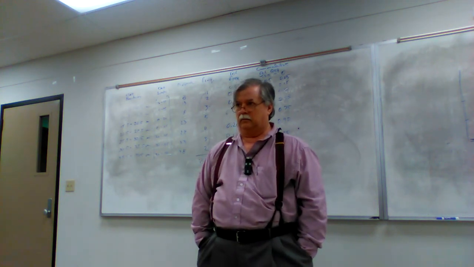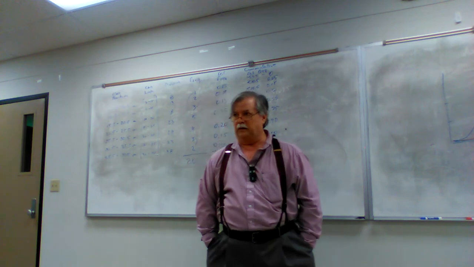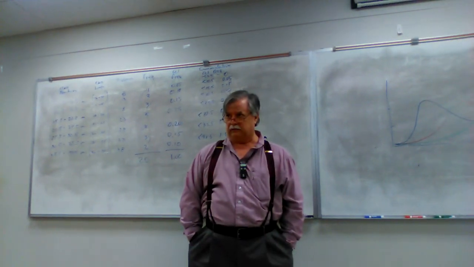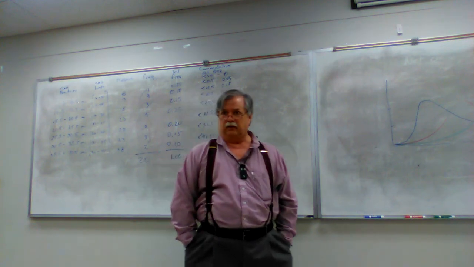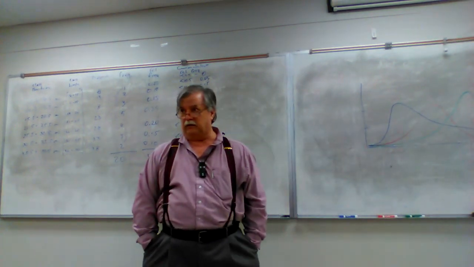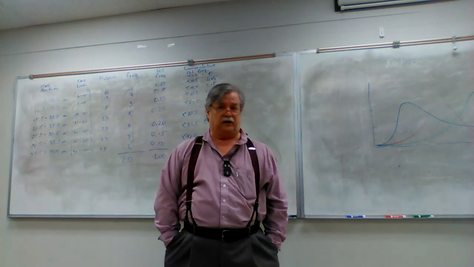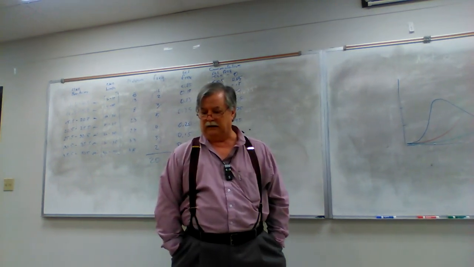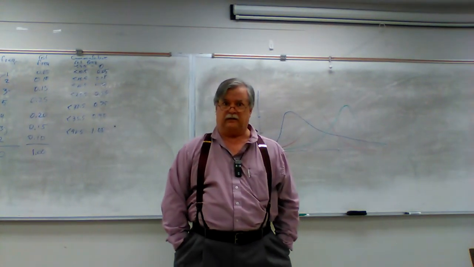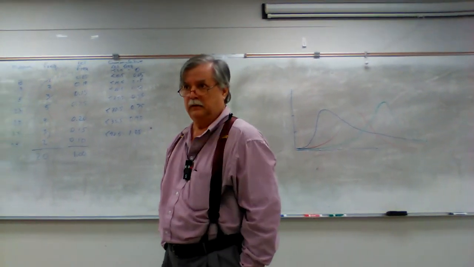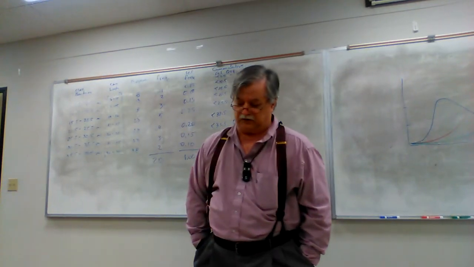When the maximum, when the highest value is at one end of the range or the other, then that is either J-shaped or reverse J-shaped. If the peak, if the highest value is not at the edge of the range limit, then it's either left skewed or right skewed.